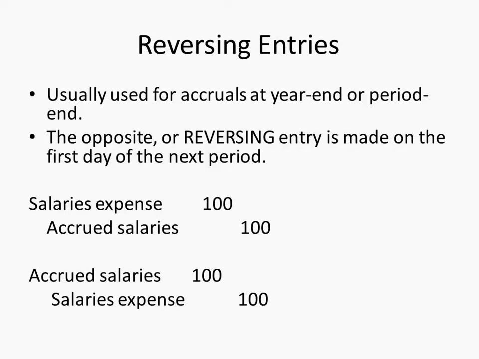If you reverse it, if I made this entry at 12/31, and then at 1/1 of the following year, I simply reverse it, accrued salaries and salaries expense. Okay, just writing it quickly. Now what do I do when payroll comes in at $500? Exactly. Salaries expense would be $500 and cash $500.